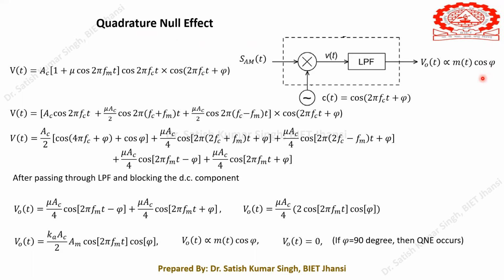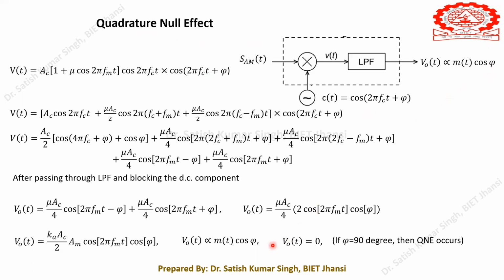We have to remember that in synchronous detection, the carrier must be very much synchronized in phase as well as in frequency. Otherwise there will be certain errors that we have to tolerate. Whenever phi equals 90 degrees, the message will be completely lost and we cannot recover the message signal.